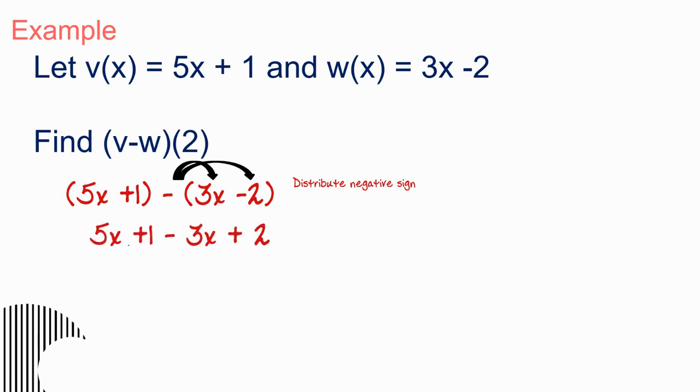So then we have 5x plus 1 minus the 3x. The minus the negative turns into a positive plus 2. Now we can combine like terms. 2x plus 3. Evaluate by plugging in our 2. So it's 2 times 2 plus 3 equals 7.